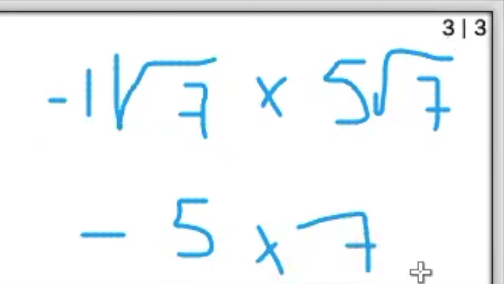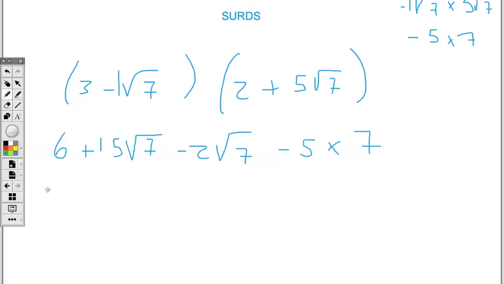And minus 5 times 7 is what we have here. So we have 6. These are like terms, so we can say 15 take away 2. I'm left with 13 root 7. Minus 5 times 7, that's minus 35.